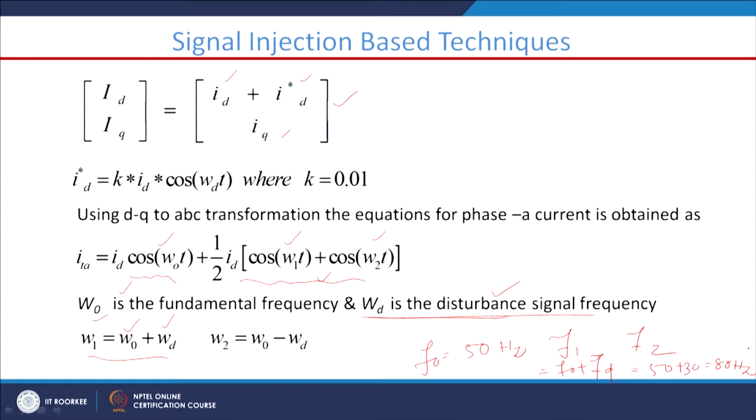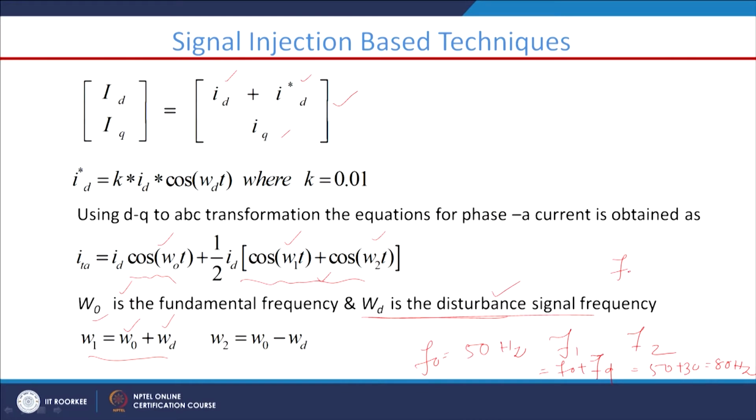equal to 80 hertz. That is the upper limit of this particular disturbed phase A signal, because I have already injected one disturbance signal into my controller as far as the D axis is concerned. And next, F2 is F naught minus FD, that is 50 minus 30, equal to 20 hertz.